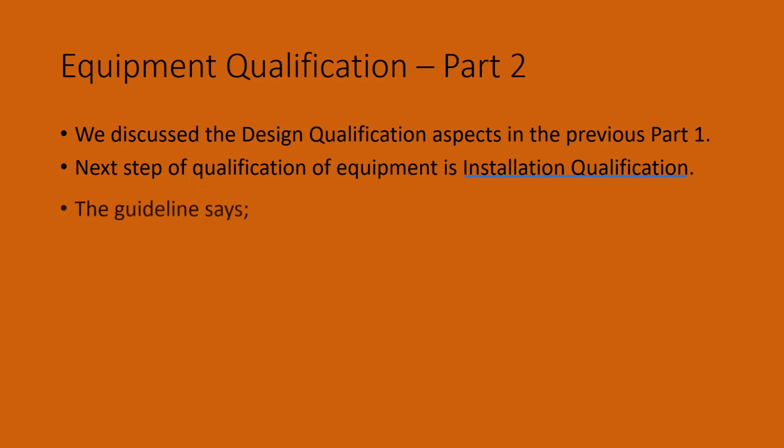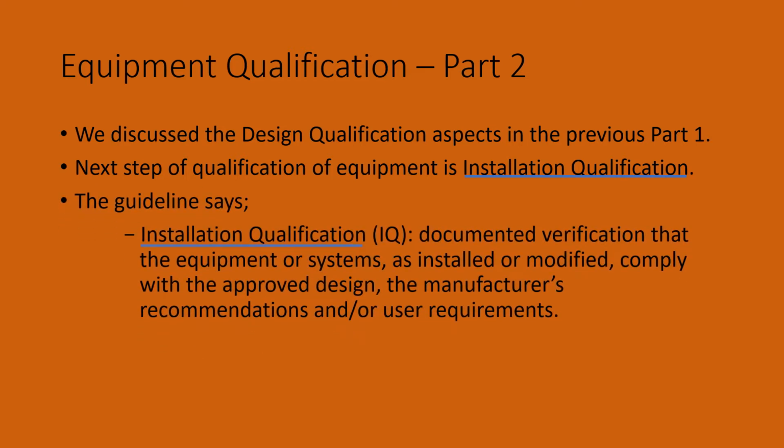The guideline says installation qualification, which is abbreviated as IQ, is a documented verification that the equipment or systems as installed or modified comply with approved design, the manufacturer's recommendations and/or user requirements.